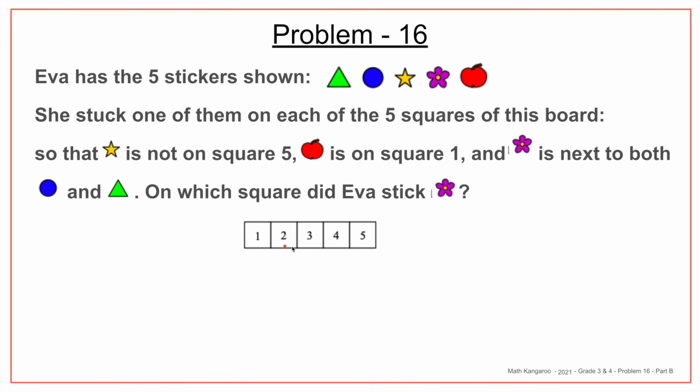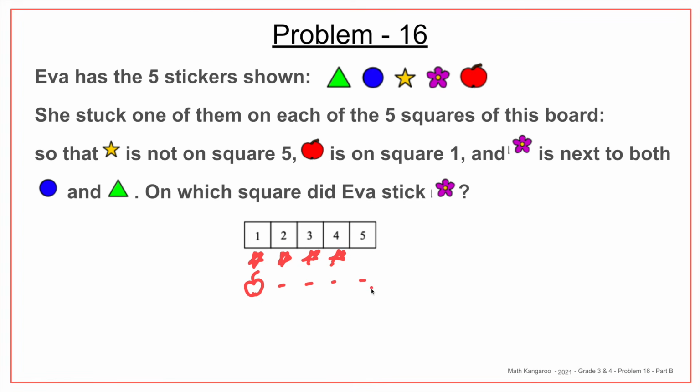We have given spots for 5 stickers. We know that star is not on square 5. So star could be on 1, 2, 3 or 4. Apple is on square 1. So apple is on square 1. So there is no apple here.